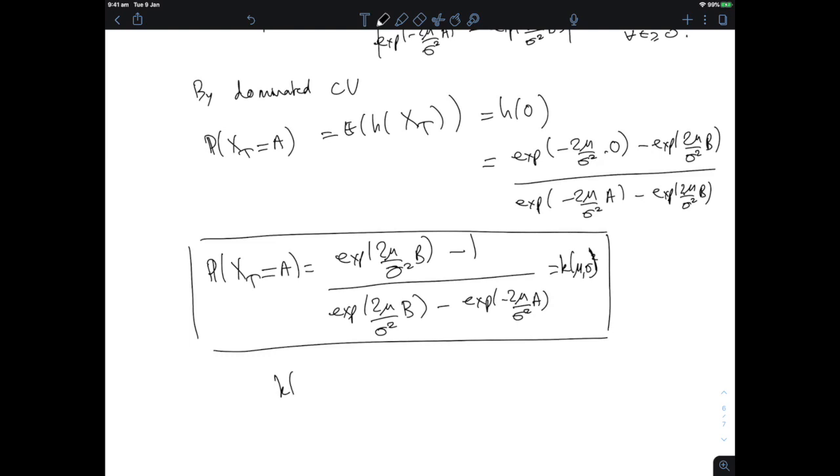So what happens to k of mu, sigma as mu tends to 0?